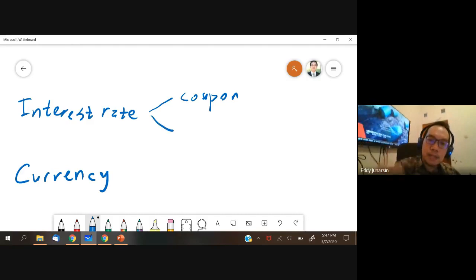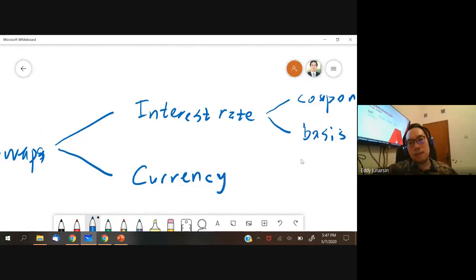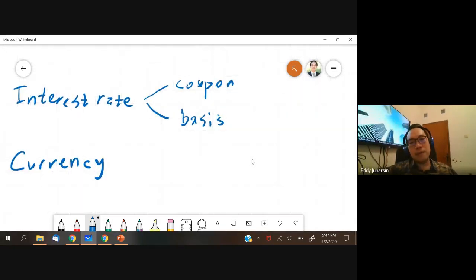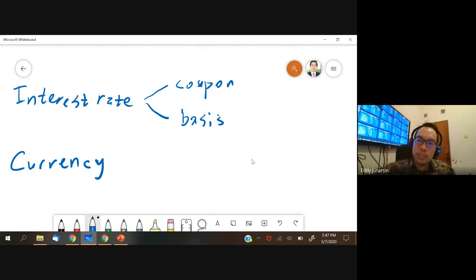And another possible type is based on basis swap. So maybe both of them are using floating rate payment. So both of them are not fixed rate debts, right? But again, both of them are floating rate debts. But maybe each of them doesn't like the basis on which it is paying the floating rate payment.